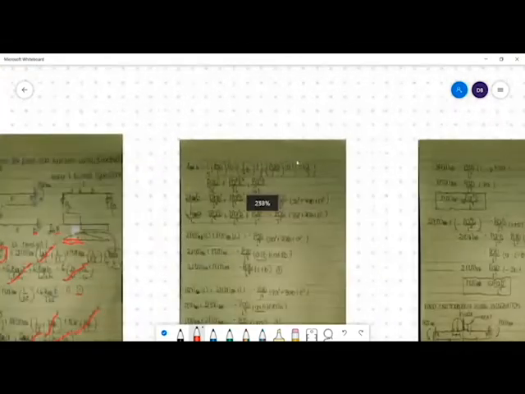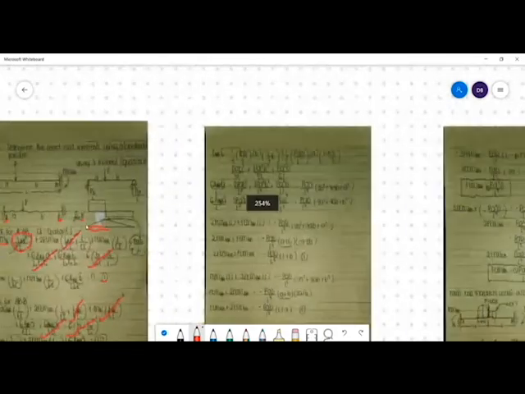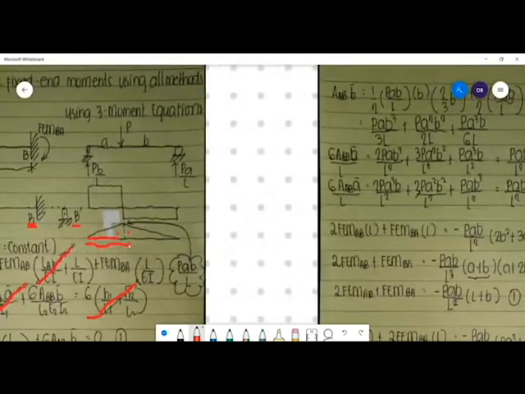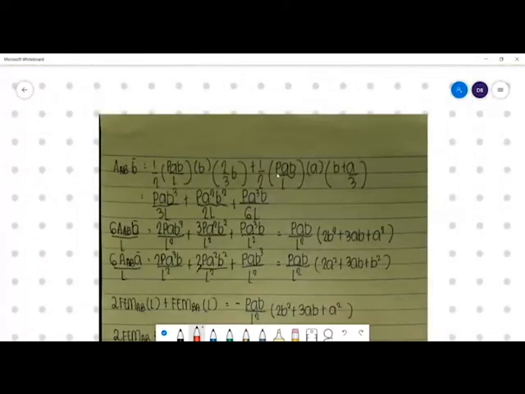If the centroid is from the other side, area AB, B, that would be equal to 1/2 PAB over L times B times 2/3 B. Then going back, plus 1/2 times PAB over L times A times B plus A over 3.